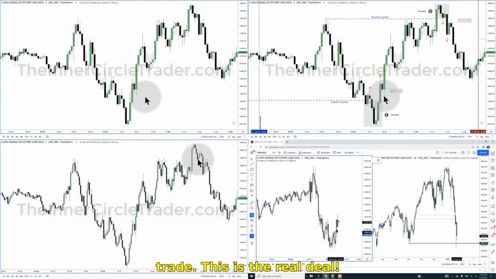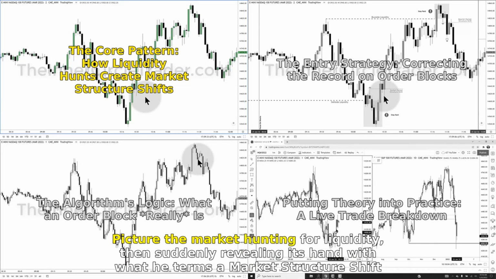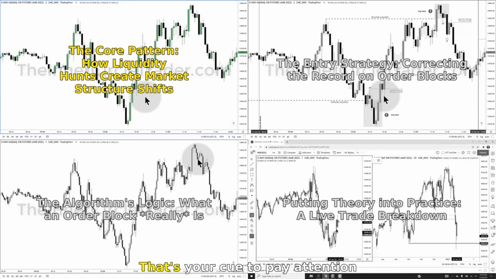This is the real deal. So, first things first. ICT unveils the fundamental pattern he spots each day. Picture the market hunting for liquidity, then suddenly revealing its hand with what he terms a market structure shift. That's your cue to pay attention.